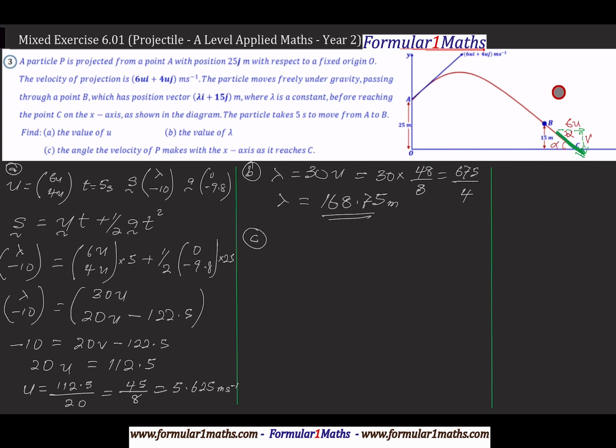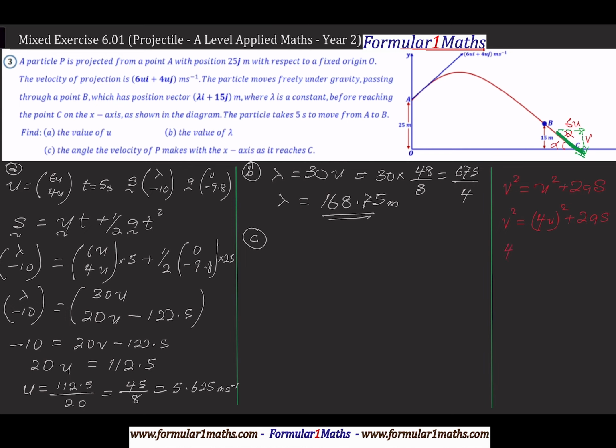So to find v, I'm going to use the SUVAT equation again. This time, I'm going to use v squared is equal to u squared plus 2as. In this case, this u is the vertical component of the initial velocity, which is 4u. So I'm going to replace this with 4u, and I'm going to get v squared is equal to 4u all squared plus 2as.